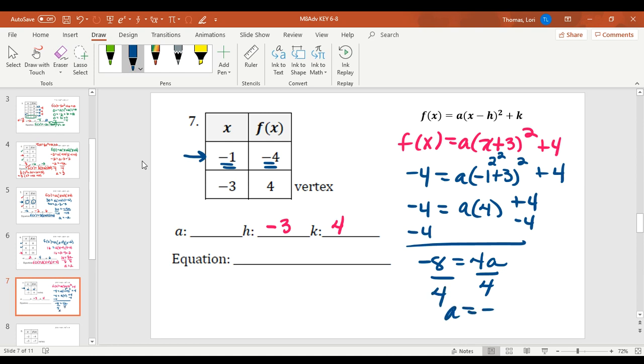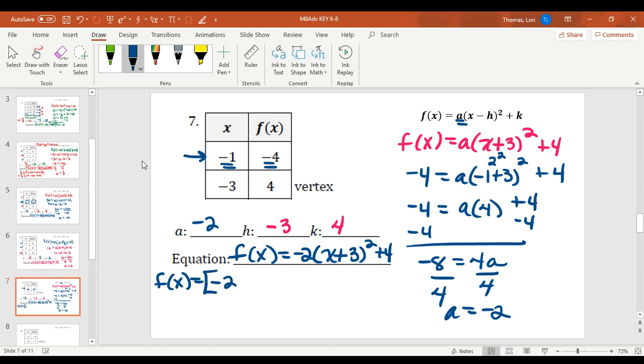And our a value is -2. So when we put that all together, we have -2 for the a value, and then we have x minus -3 plus 4.